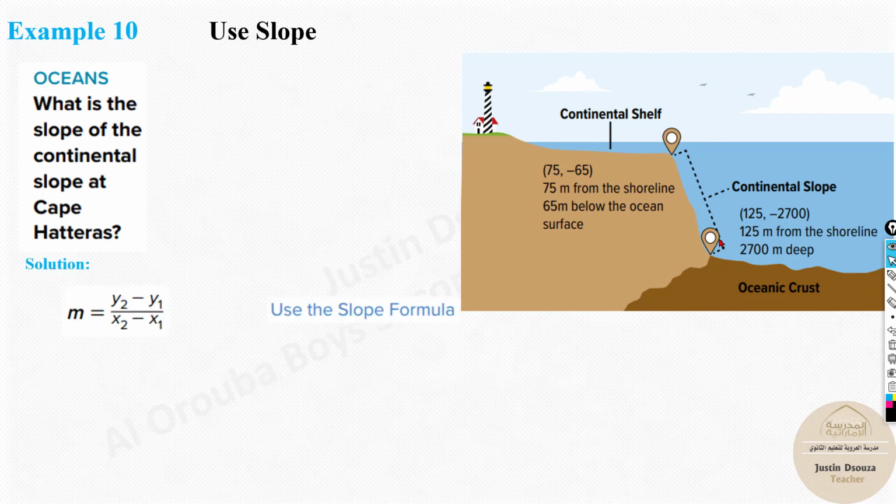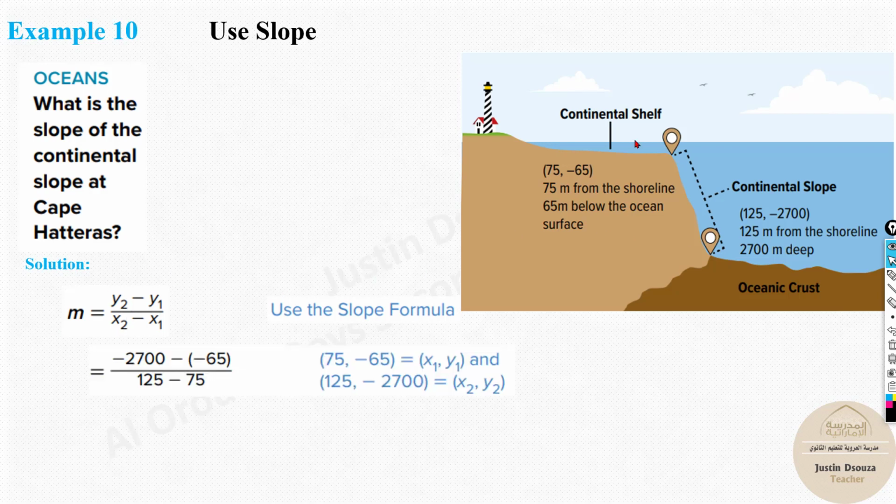That's it. Here you can see the same formula is used. How much is the deepest point? The slope of the continental slope itself. Now, what is the x1, y1, x2, y2? x1 is over here, y1 is here, x2, y2.